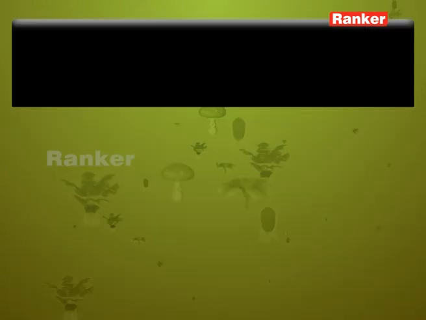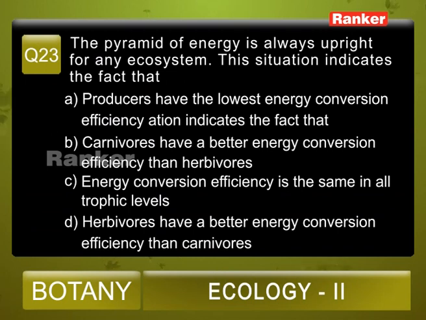Question number 23. The pyramid of energy is always upright for an ecosystem. The situation indicates the fact that A, producers have the lowest energy conversion efficiency, B, carnivores have a better energy conversion efficiency than herbivores, C, energy conversion efficiency is the same in all trophic levels, D, herbivores have a better energy conversion efficiency than carnivores.